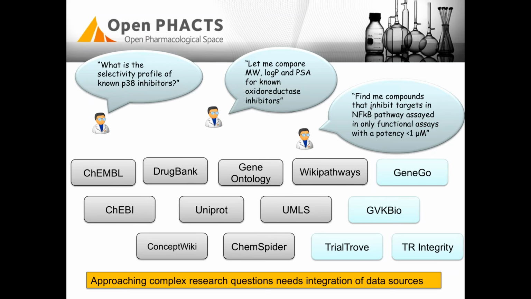We collected them, sent them back to the companies and asked for ranking them. The top winning business question was, give me all oxidoreductase inhibitors with activity in human and mice better than 100 nanomolar. And actually, to be honest, I thought that's quite trivial. When we tried to solve it, it was by far not trivial.